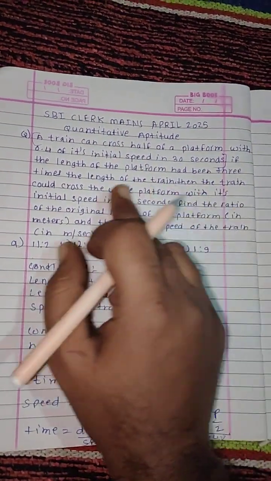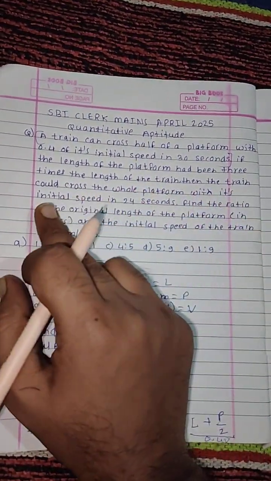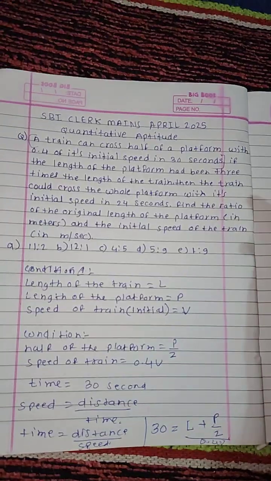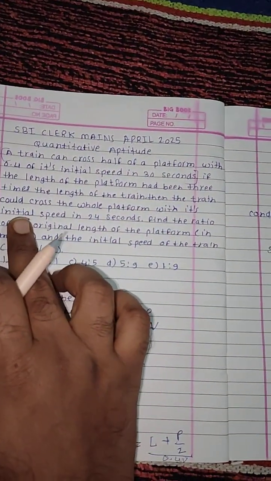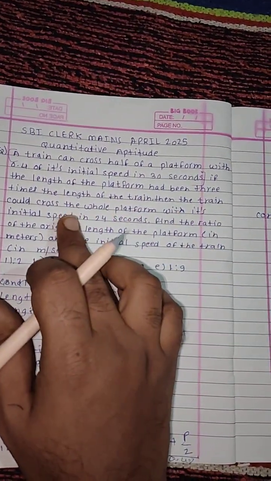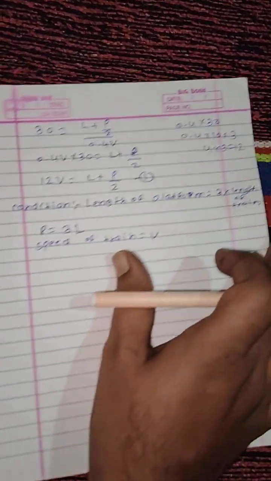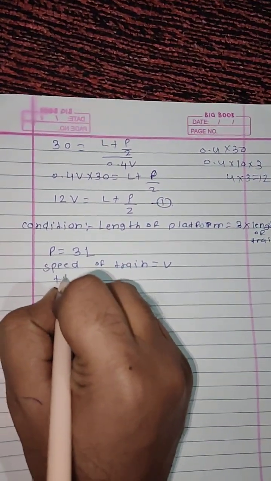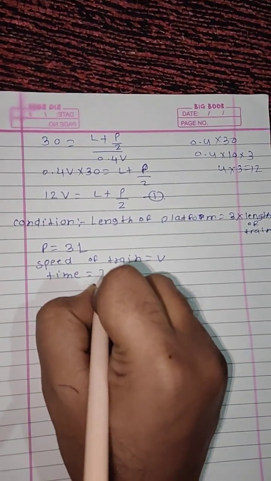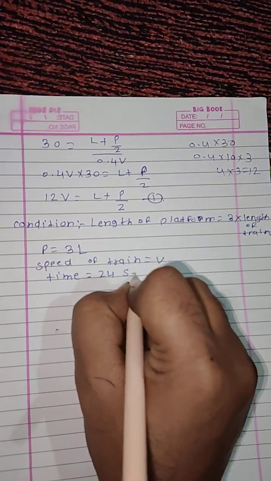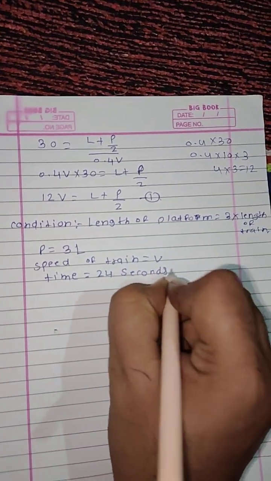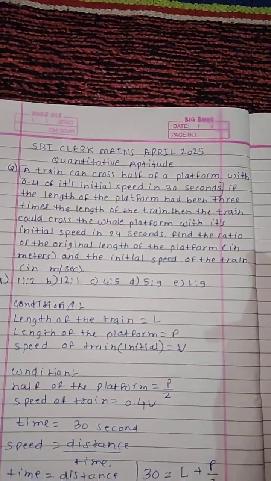But in the second case, the train crosses the whole platform with its initial speed, so we will take v as it is. And the time is given as 24 seconds.